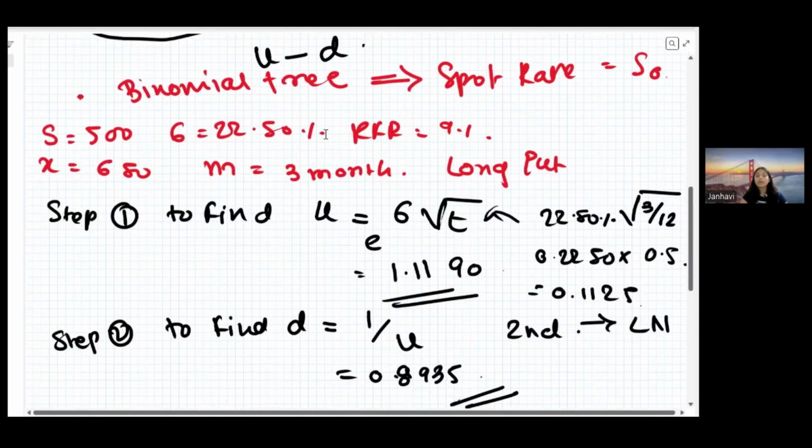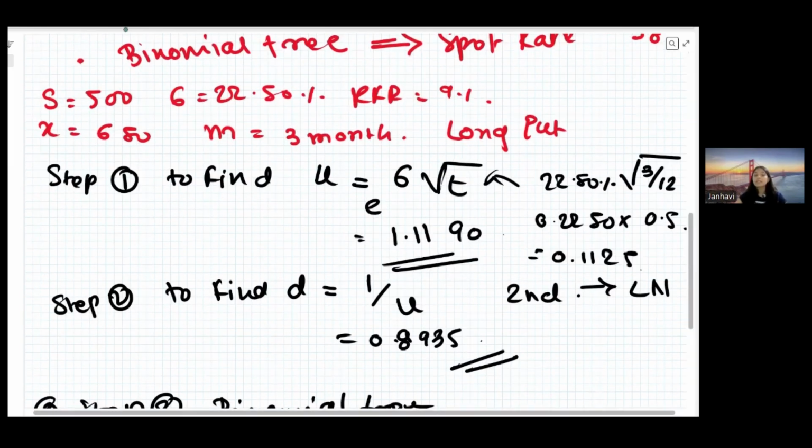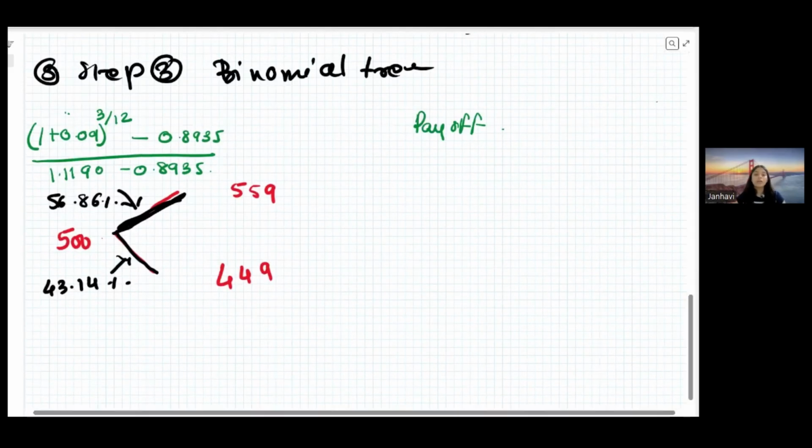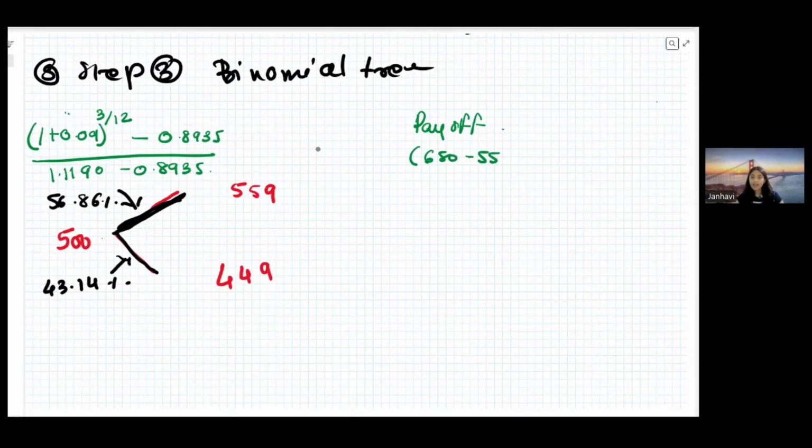Okay, yeah, it is 650. The strike price is 650, correct? So the payoff here will be 650 minus 559. Again I am saying, as it is a put position, we are doing strike price minus the spot price, taking this spot price, okay?